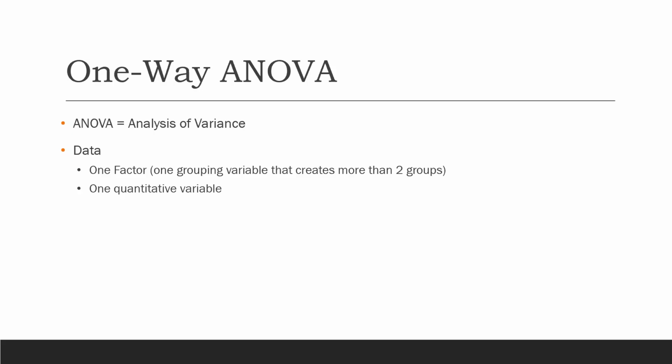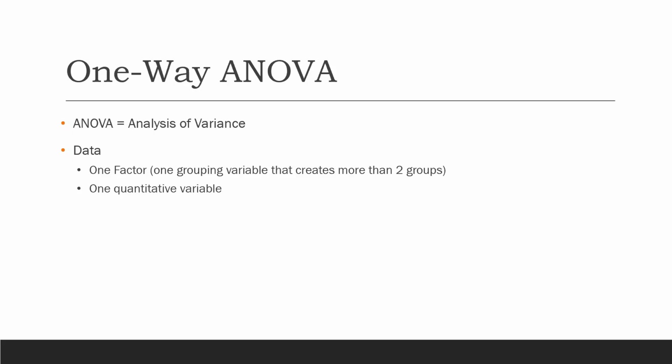We're going to use this technique or this statistical tool where we have the following data. We're going to have two variables. One of the variables we can call a factor. So some people call this a one factor ANOVA, but we'll have one variable that's a grouping variable that usually has more than two groups.